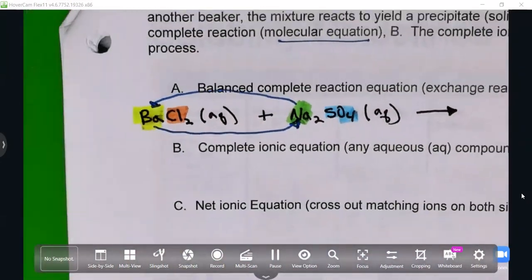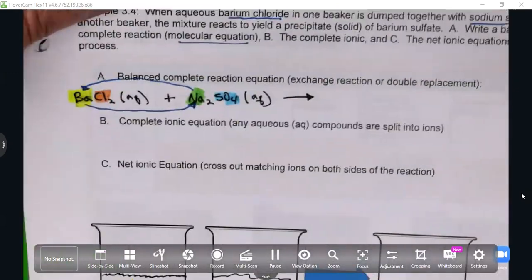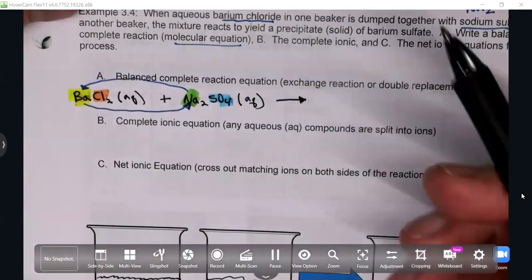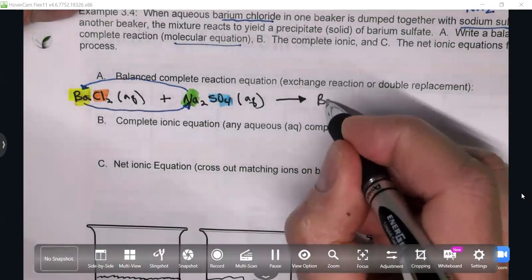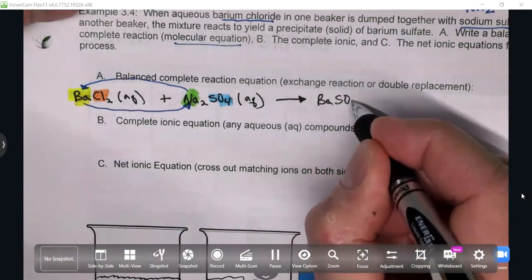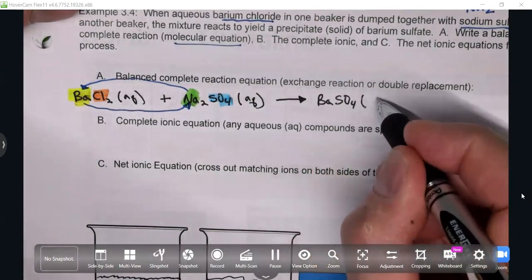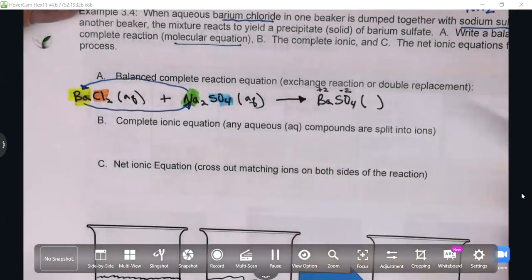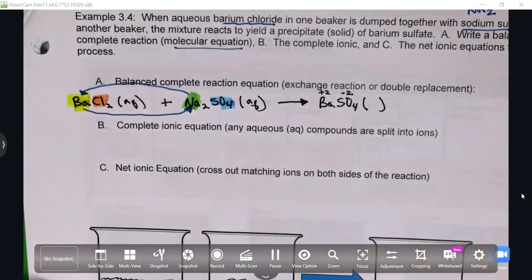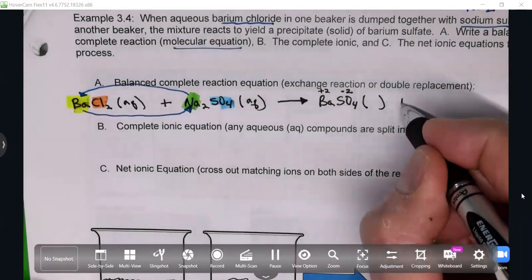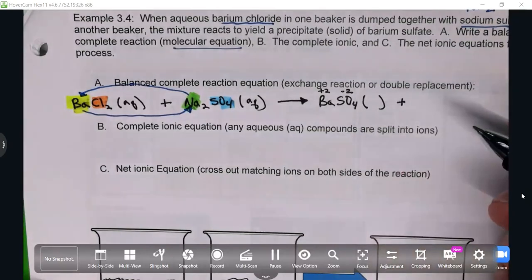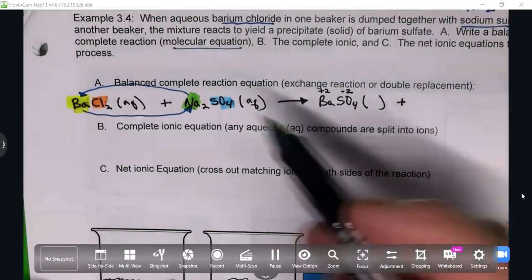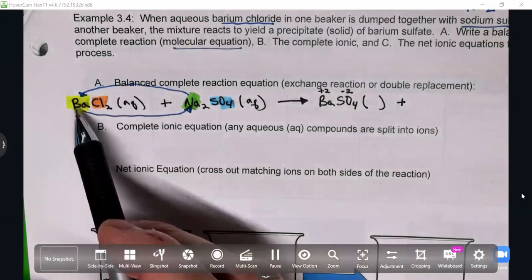So if barium takes the place of sodium over here, I now am going to have barium sulfate. Now I am writing this according to the ions. Plus, now my sodium is going to go where the barium is.